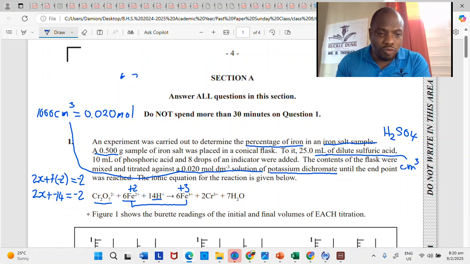Now, when we have two unlike signs, we keep the negative sign. Normally, a person says I move over the 14, but if we want to get the x by itself, 2x minus 14, we add 14. And if we add 14 to that side, we also add 14 to this side.